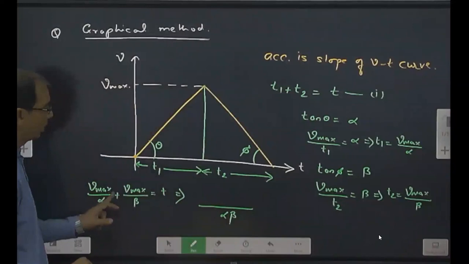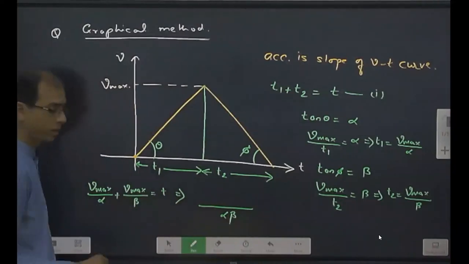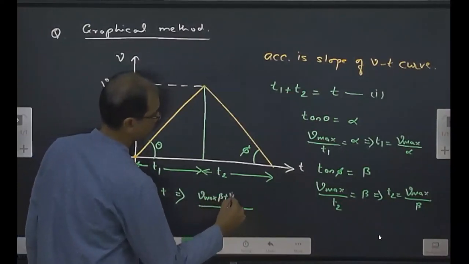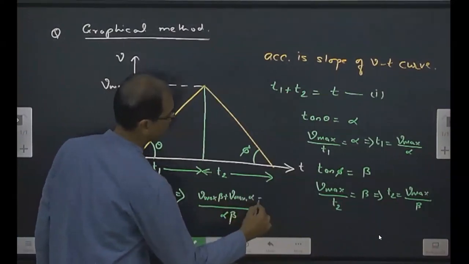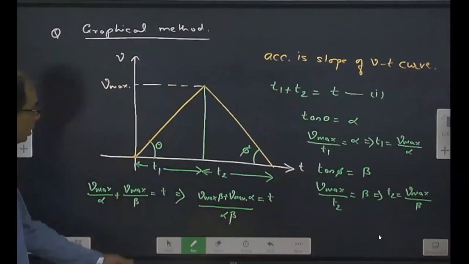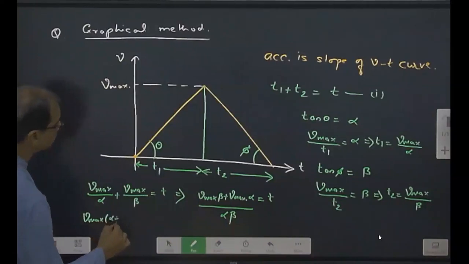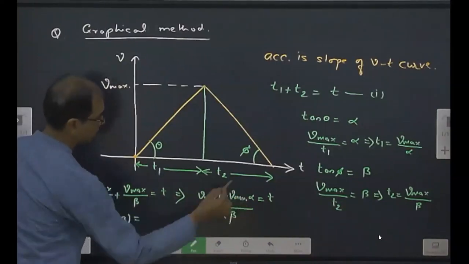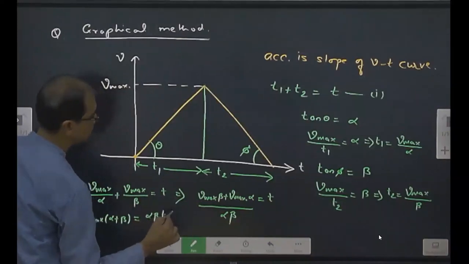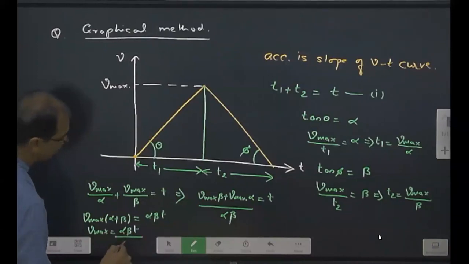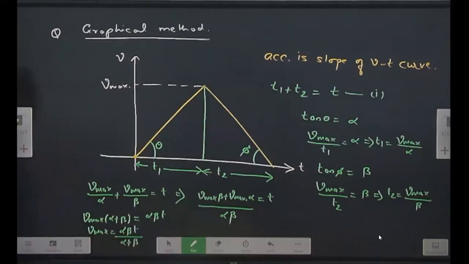Then here will be V maximum into beta, and here V maximum into alpha, equal to alpha beta T. V maximum is common, so V maximum into alpha plus beta, and taking the denominator to the other side, I get alpha beta T. V maximum value is alpha beta T by alpha plus beta.